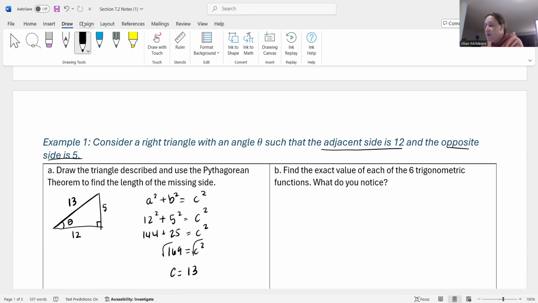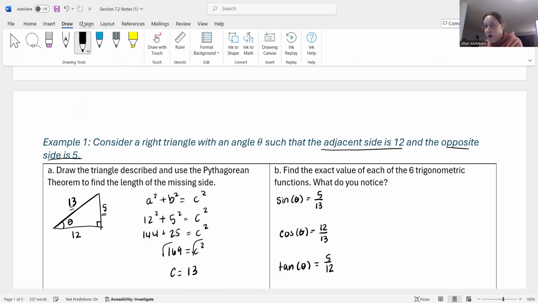Okay, now part B says find the exact value of each of the 6 trigonometric functions. Well, we want sine of theta. Remember, sine of theta is opposite over hypotenuse, so 5 over 13. Cosine of theta, remember that is adjacent over hypotenuse, so that is going to be 12 over 13, okay? Tangent of theta is always opposite over adjacent, so that's going to be opposite side, which is 5, over adjacent side, which is 12.